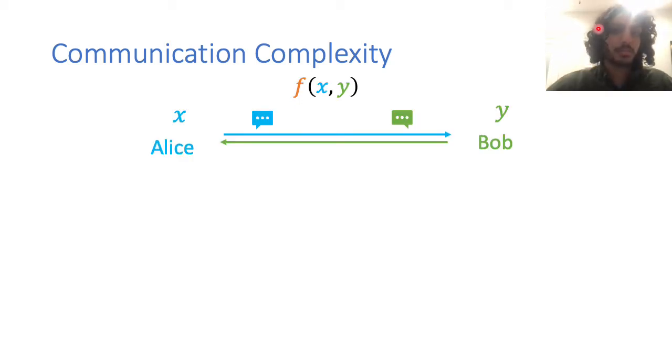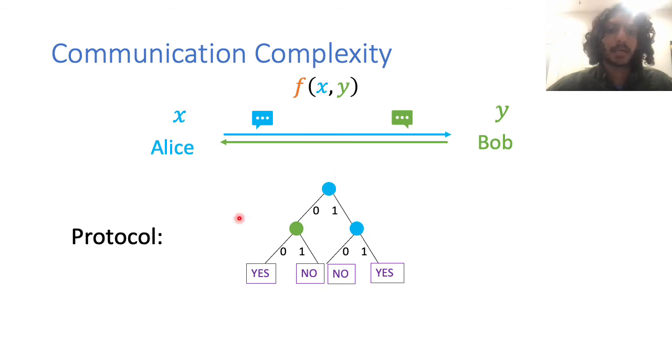To make this a little bit more formal, we say that a protocol for computing f is given by some binary tree, which has some underlying functions and labels associated with it. In this binary tree, each node indicates a speaker, either Alice or Bob. To follow the protocol, you trace down the binary tree.